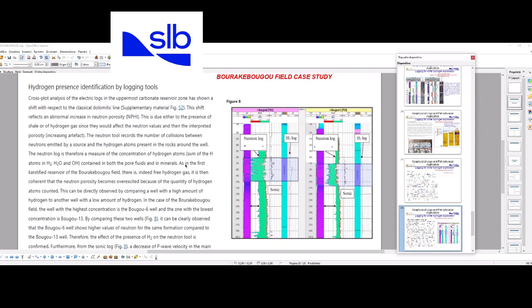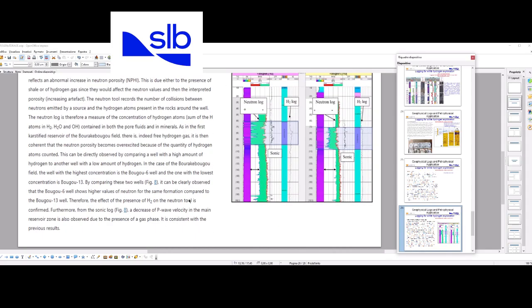So in karstified reservoir of the Bangulad field, there is indeed a free hydrogen gas. This is the final conclusion, and it is coherent, correlated to the neutron porosity logs. This is one of the final results.